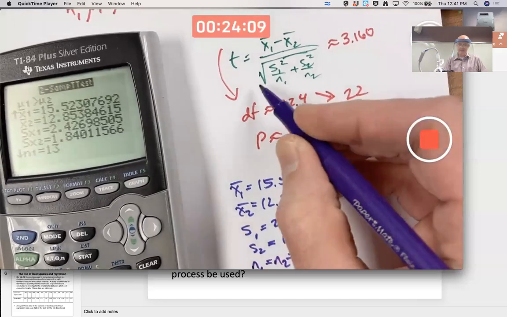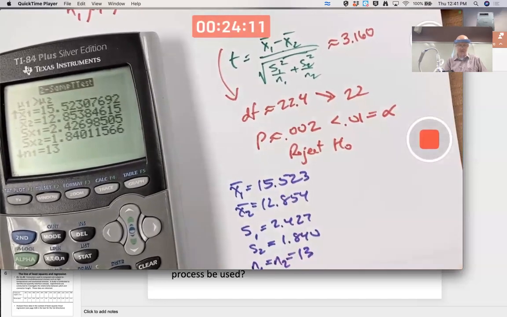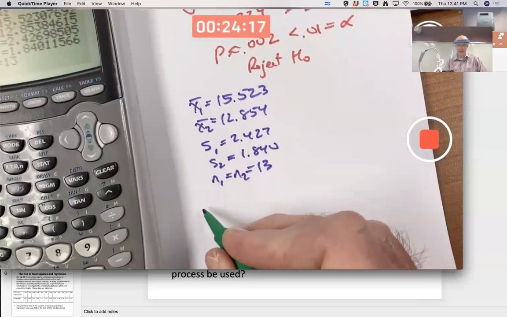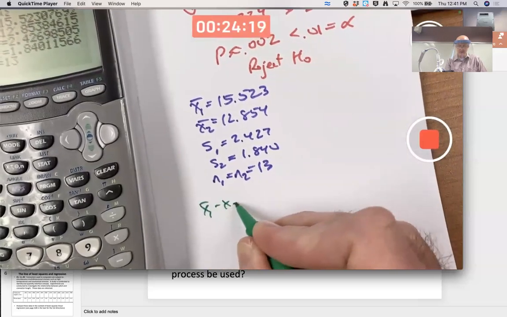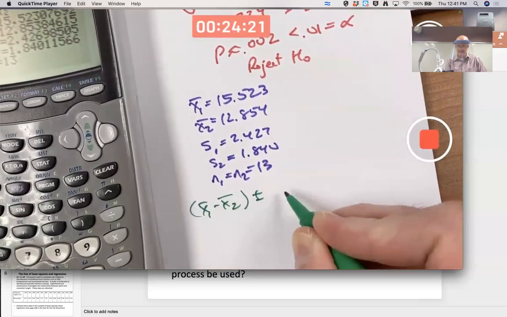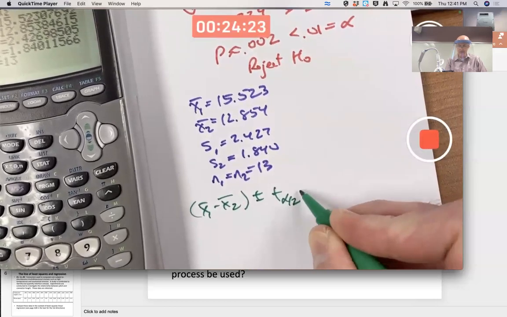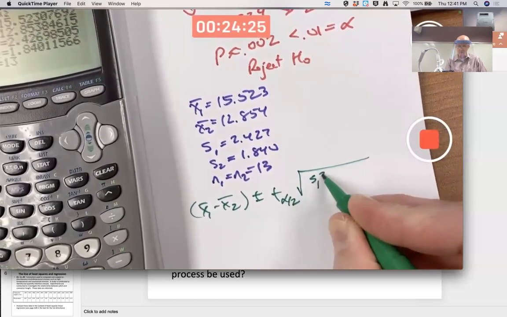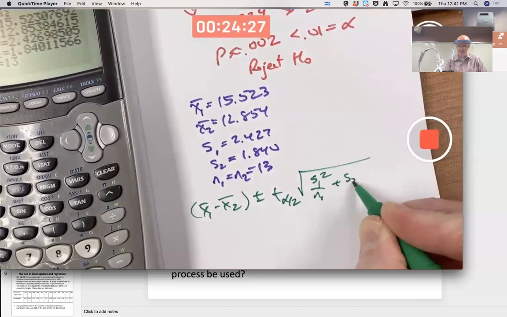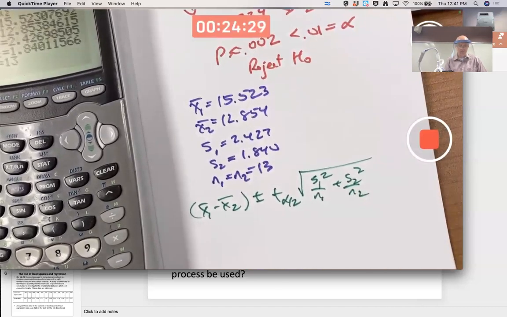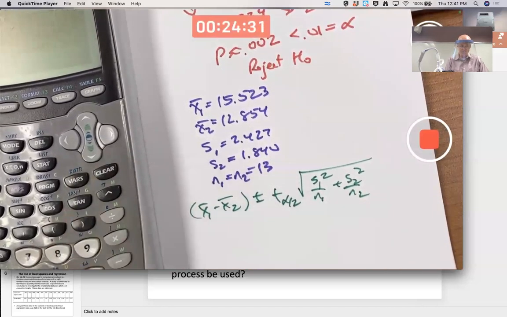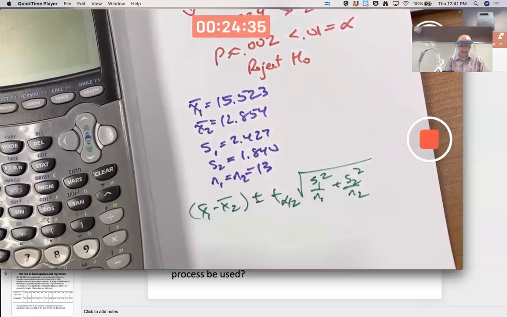Yeah, I'm going to compute the square root still here, because the confidence interval formula is going to be x1 bar minus x2 bar plus or minus t alpha over 2 times the square root of s1 squared over n1 plus s2 squared over n2. All right, let's go ahead and take the time to compute that. Probably not keeping as many decimal places as I should.